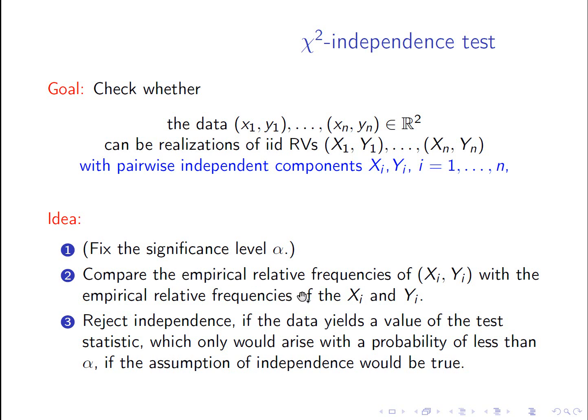We reject independence if the data leads to a value of our test statistic which would only arise with a probability of less than alpha if the assumption of independence were true. So this is how alpha comes into play. We look at our test statistic, which is built with the empirical frequencies, then at values we would get if independence were true, and if we get values of our test statistic which are not typical, we reject.